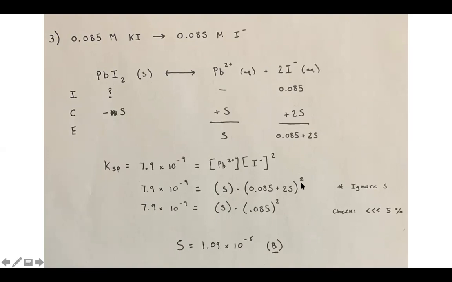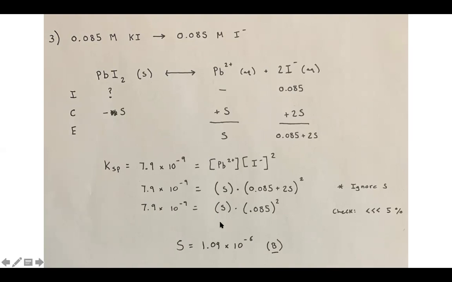Now in almost every problem in this chapter, I'd say about 99% of the problems, you can ignore this plus 2S portion whenever you have an initial amount of one of your ions. So we're going to ignore 2S just like we did in chapters 14 and 15.